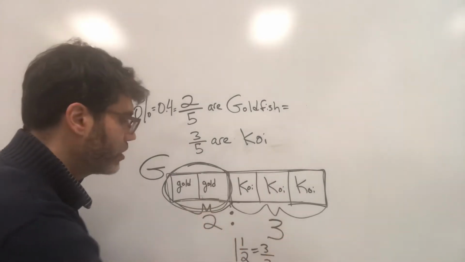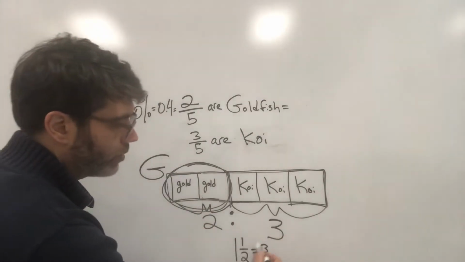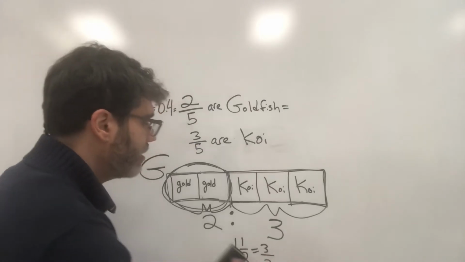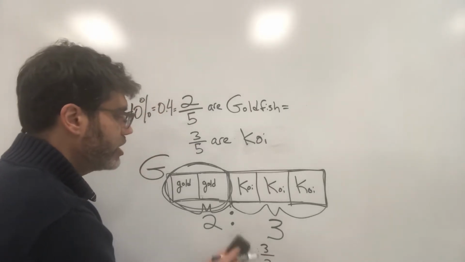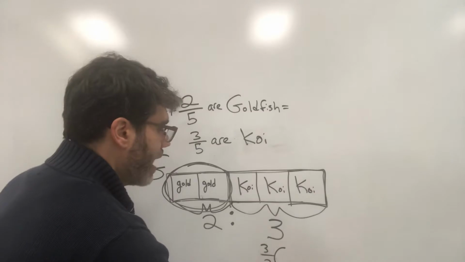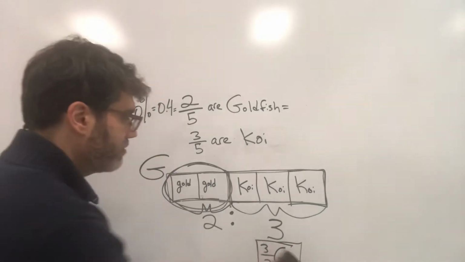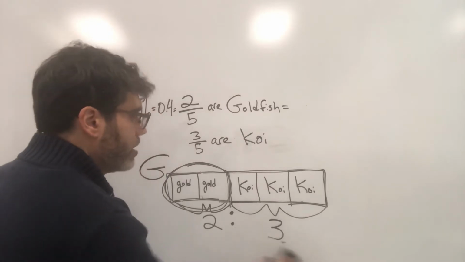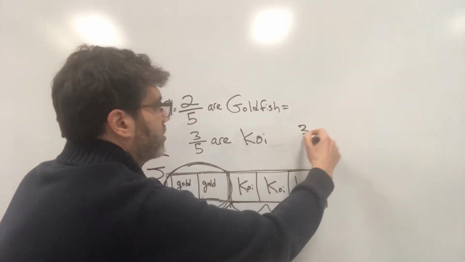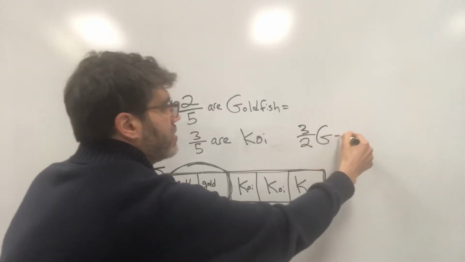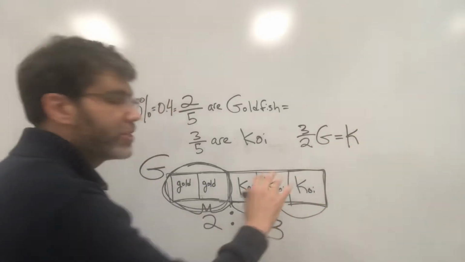We could have it as a mixed number or an improper fraction. Let's use an improper fraction. So 3/2 times g, the amount of goldfish, is the amount of koi that we have in all, originally.